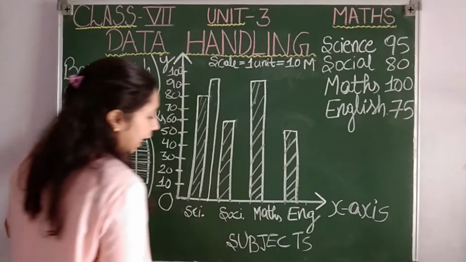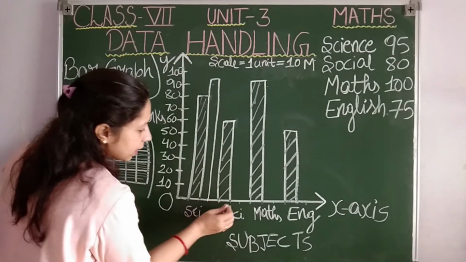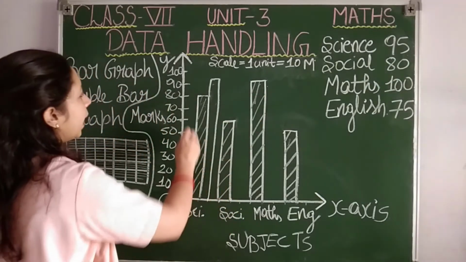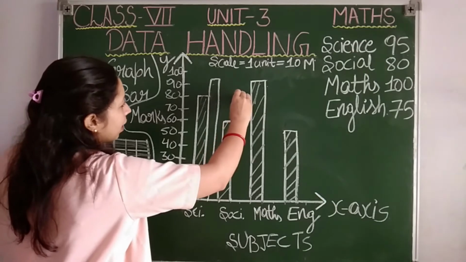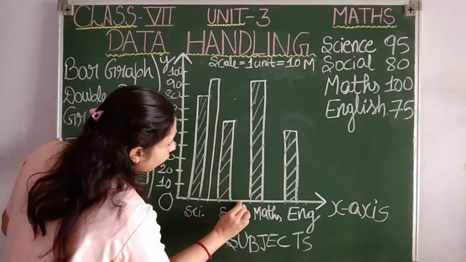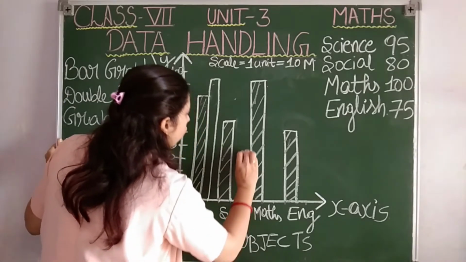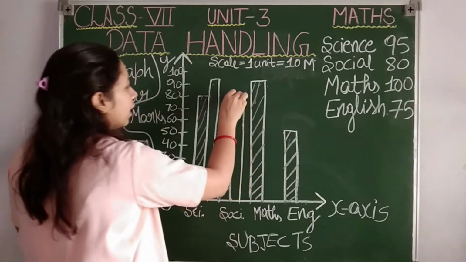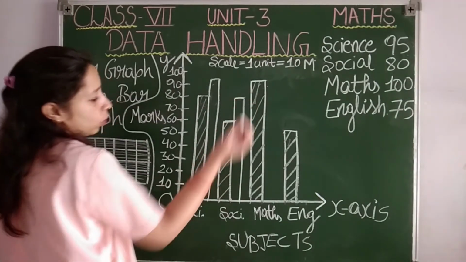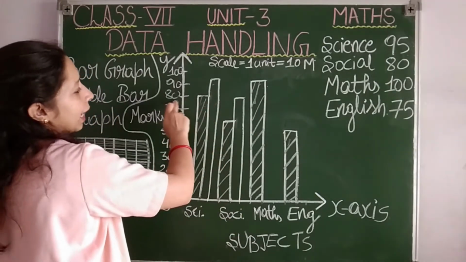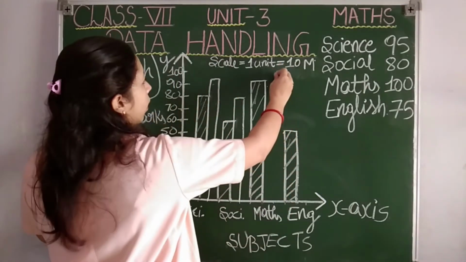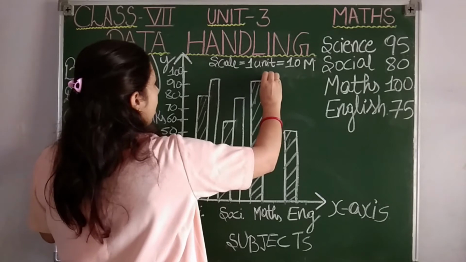Next is social 80, students. Again come to this area. Social first term marks are already there. So go to 80. Now just near the bar that you have already drawn, draw another bar up to 80. Then maths 100, again go to 100, here is 100, isn't it?